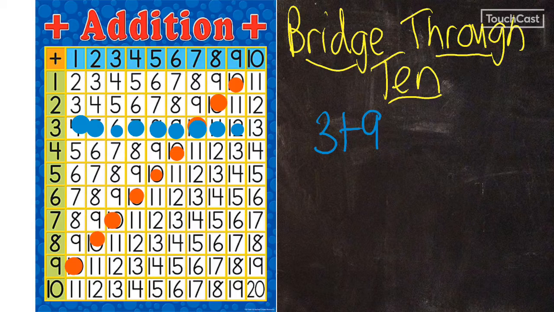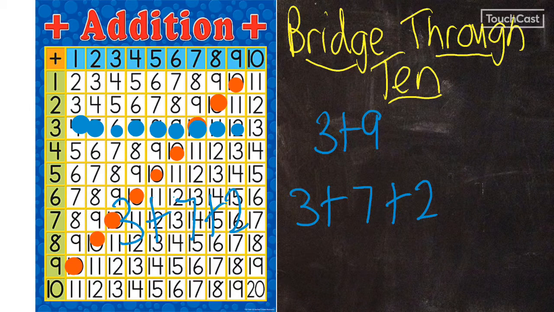So effectively, what you've done there is 3 plus 7 plus 2. Or it could look like this on our board. Here's our 7 right here, and then here's our 2 right here that we've added on.